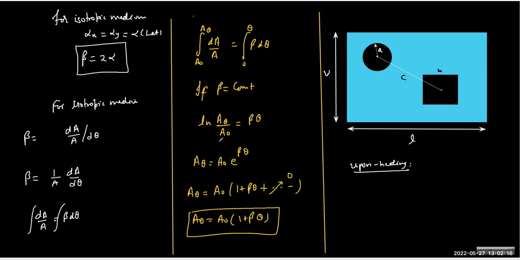So can you tell the answer for these? Yes, tell me. So can you tell the answer for BC? See, if you heat something, everything will expand. So A, B, C, L, W, all increase. Simple fact.